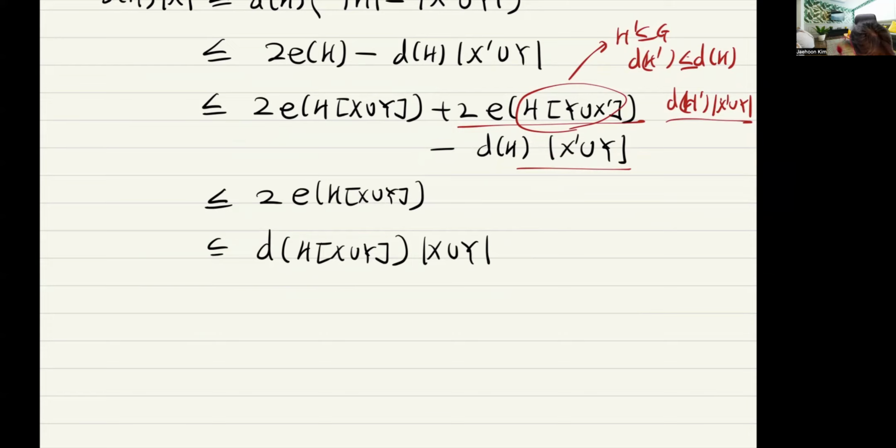But what we know now is that for this graph, we know that this is a subgraph of H. So you compute this pi function.